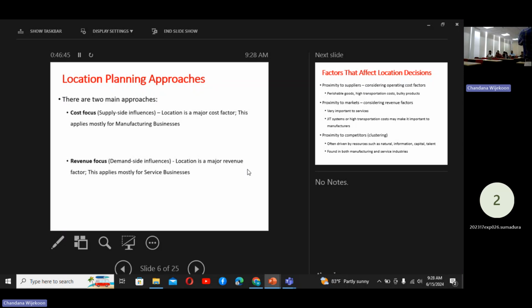So what is the second approach? Factor would be population, and another would be compared to factors.